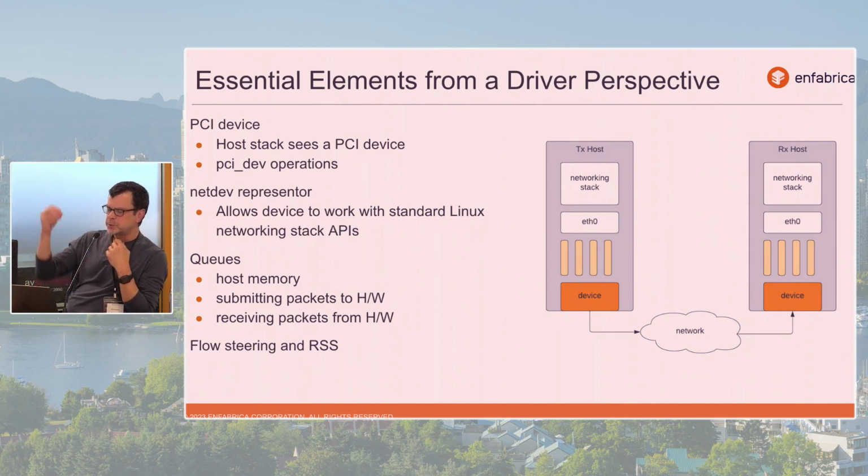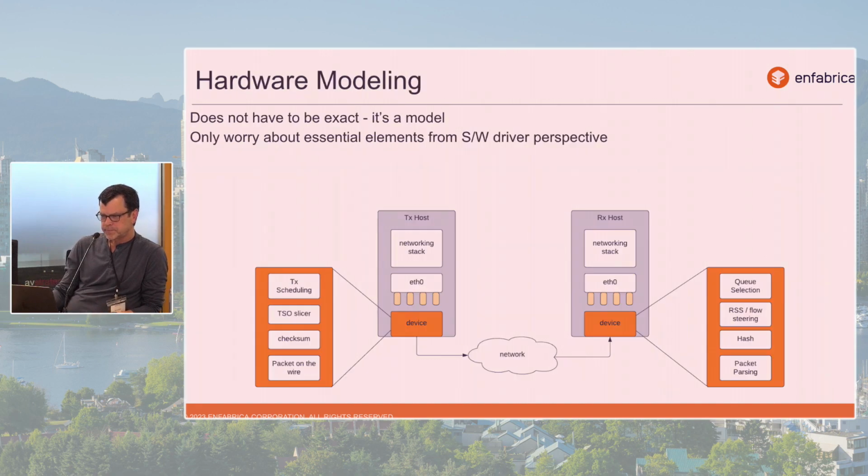You've got the queues, which represent some host memory and your way of talking to hardware, where you're submitting packets to hardware or receiving packets from hardware. You've got features like flow steering and RSS. You know, how do you decide which packets are going into which queues? So anyway, these are the things that we're going to focus on to get started, to get the guts of this driver up and going.